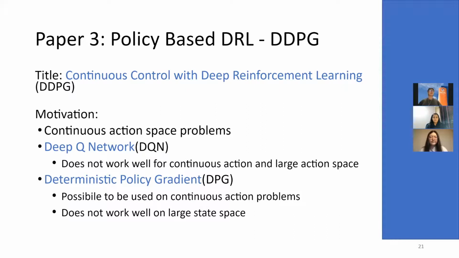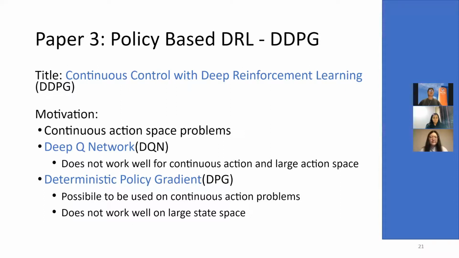This paper proposed a reinforcement learning algorithm, namely deep deterministic policy gradient. The aim is to design a model that effectively solves continuous action problems. So this proposed model was based on deterministic policy gradient with the idea taken from deep Q network.